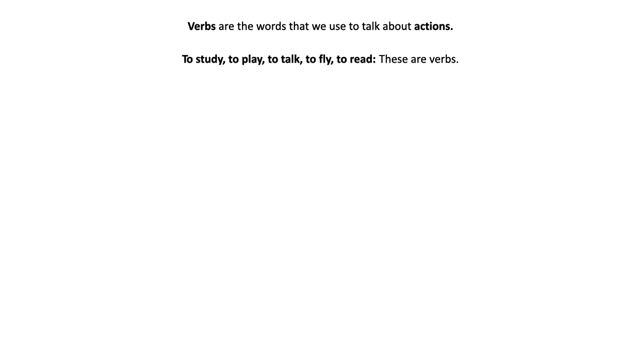What are verbs then? Verbs are the types of words we use to talk about actions, about things that are done. To study, to play, to talk, to fly, to read, to jump, to run, to drive, to live. Those are verbs. Let's look at some sentences and find the verbs.